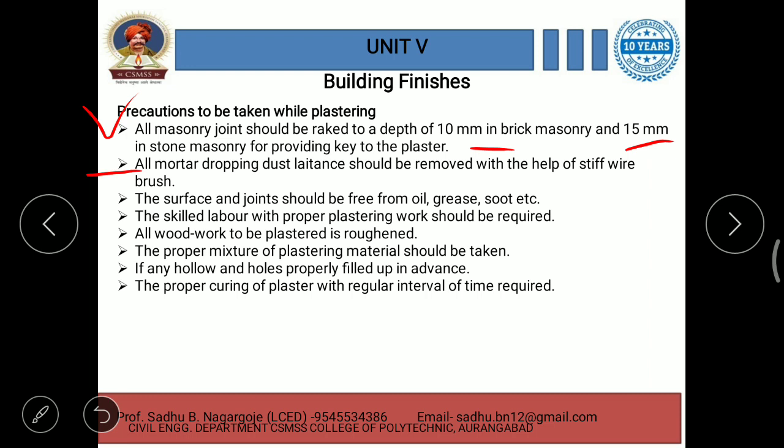Then second, all mortar droppings and laitance should be removed with the help of a steel wire brush before applying the plastering.